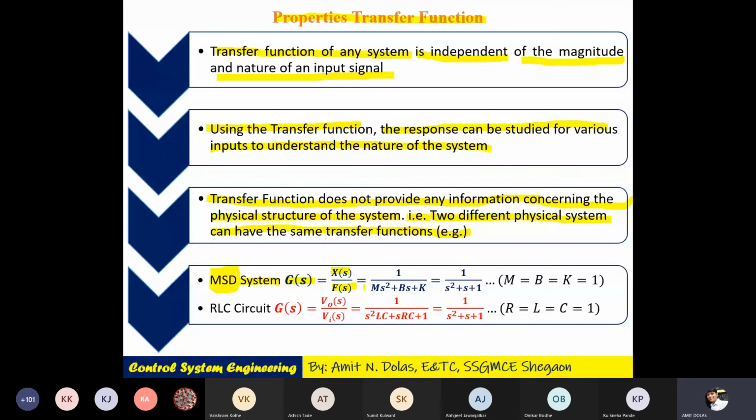F is the force, the input, X of s is the output, the displacement, which will be 1 upon m s square plus b s plus k. Values of m, b, k, that is mass, damper and spring constant, with k equal to 1. Putting these values here, your transfer function is 1 over s square plus s plus 1.